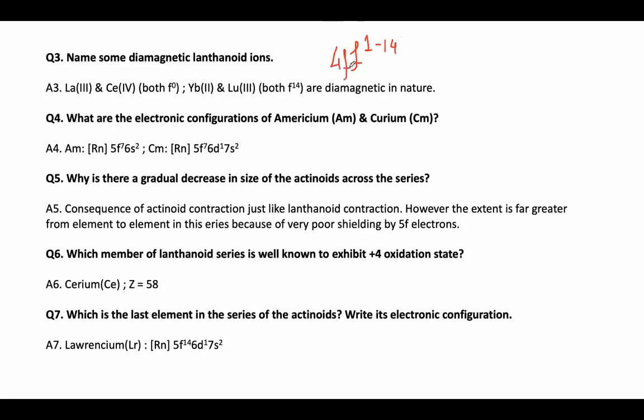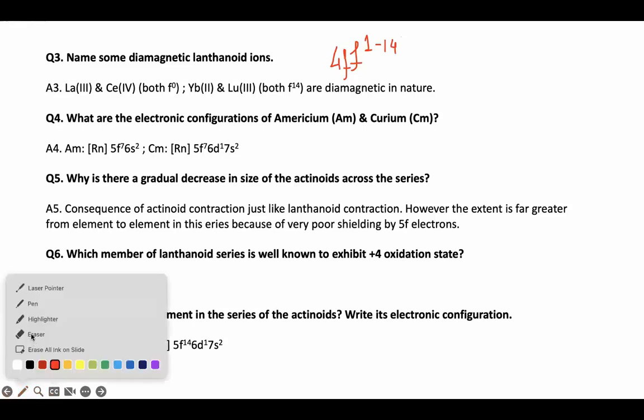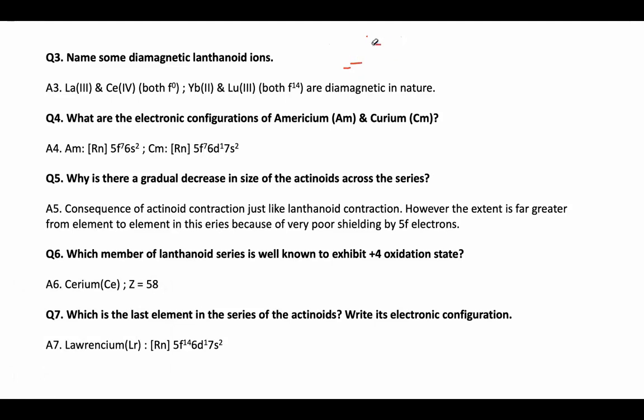So 4f1 to 14 is the filling of the lanthanide ions. In this case, most of the lanthanide ions, for your information, are paramagnetic in nature. But there are several cases where diamagnetism arises.